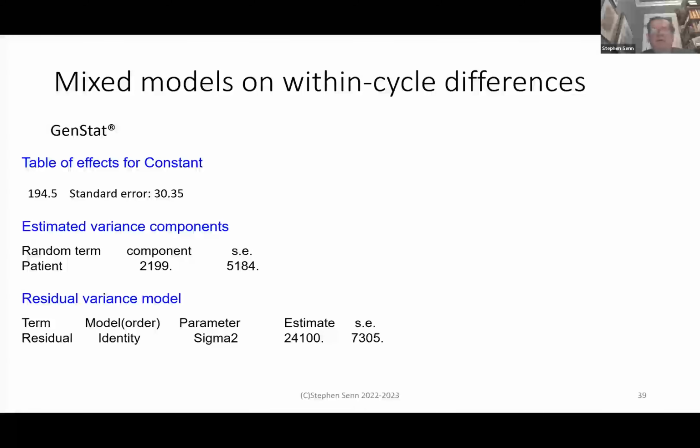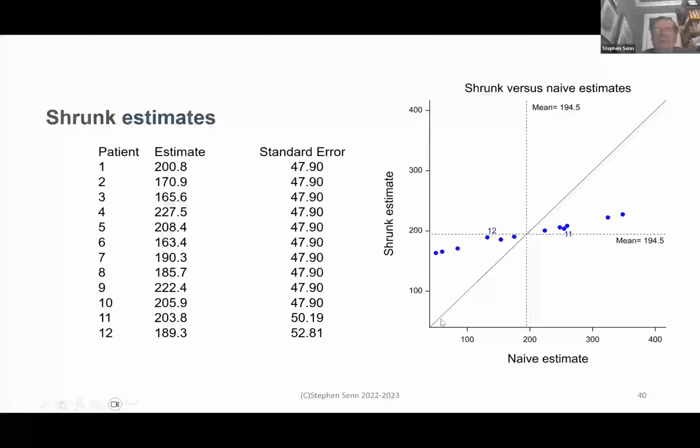So if I do a model on within cycle differences, then I get an estimate for the random term, the patient error term, and for the residual as follows. And when I come to calculate the shrunk estimates, this is what GenStat tells me.